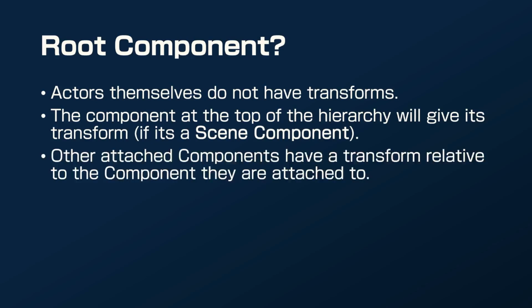Other attached components have a transform relative to the component they are attached to. And that's how some components that are not the root can have a relative transform that we can move and manipulate inside our blueprint class or our C++ class.